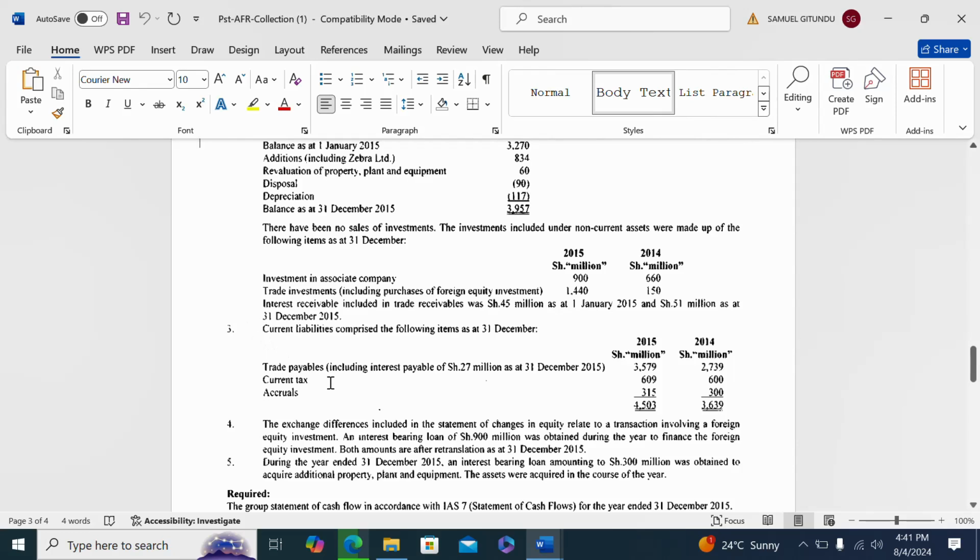We have the trade payables including interest payable of shilling 27 million as at 31st December 2015 were 579 and 2739.